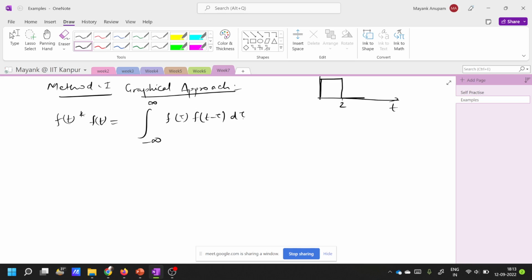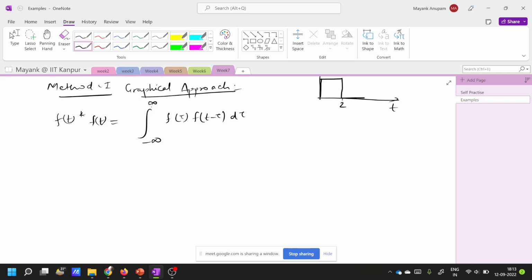The tau limit is from minus infinity to plus infinity. It is 0 to infinity for causal systems where you want to find the impulse response, but convolution is defined as minus infinity to infinity.